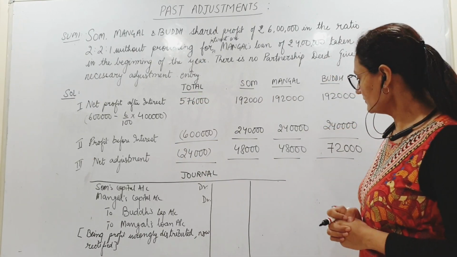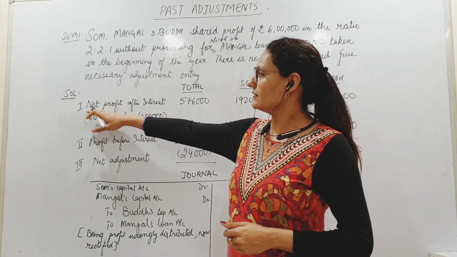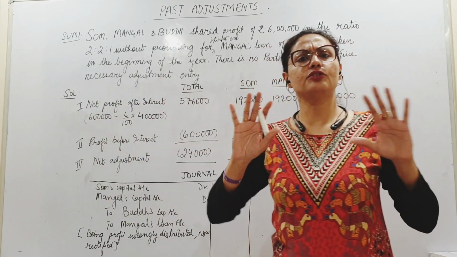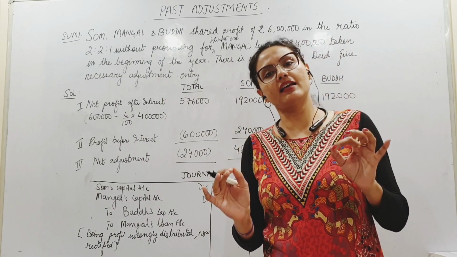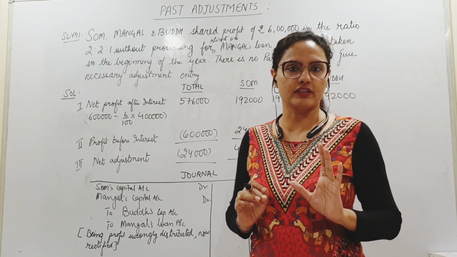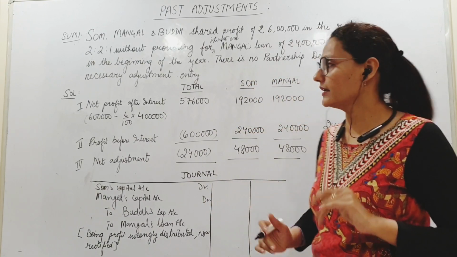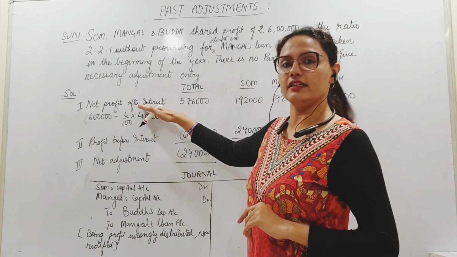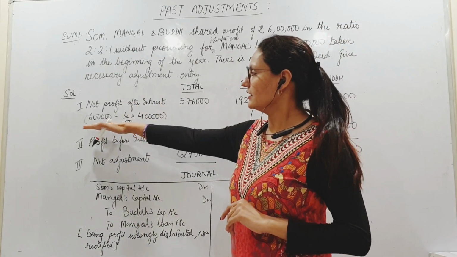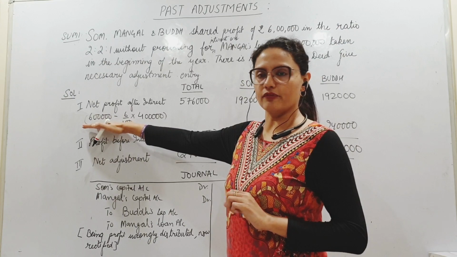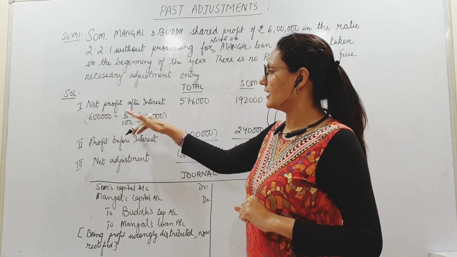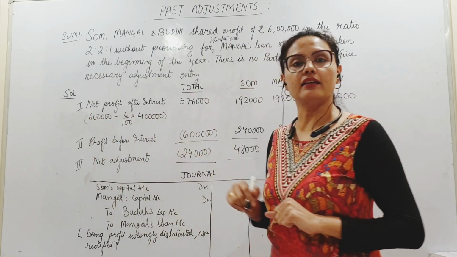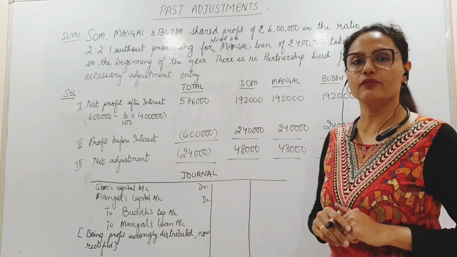Okay? Now, first step is to let us distribute the profit as we should have. Correct net profit, correct distribution. Net profit after interest. So we need to calculate interest first. 6 lakhs was the profit. From that, I'm subtracting interest at 6% per annum for full year on the loan of 4 lakhs.